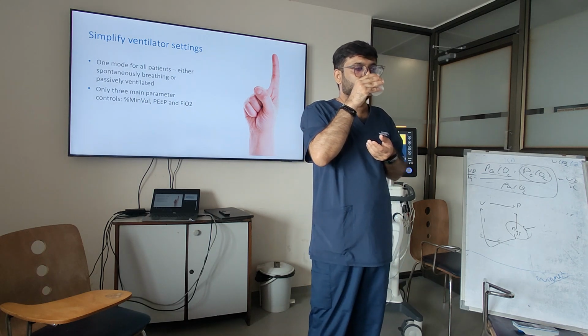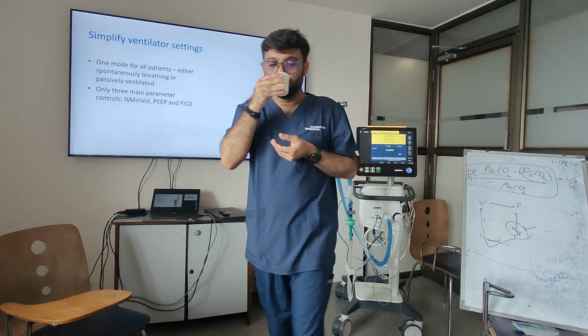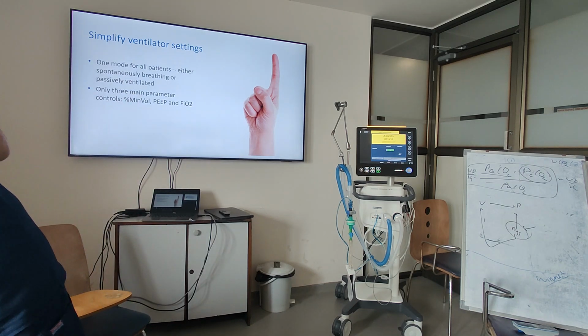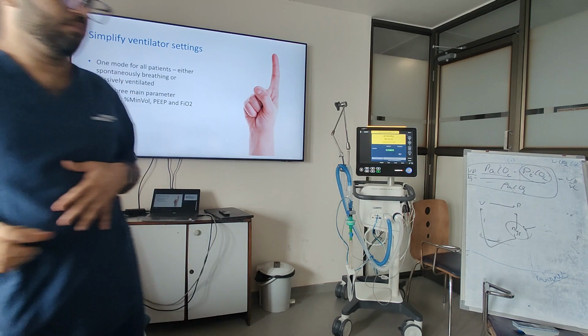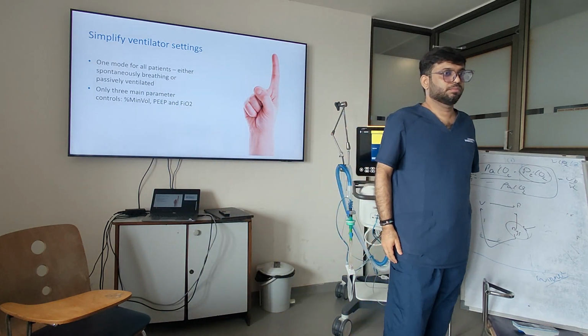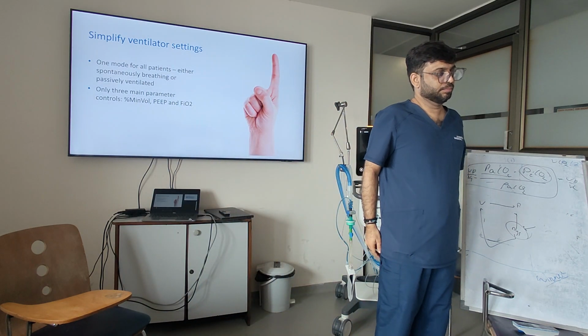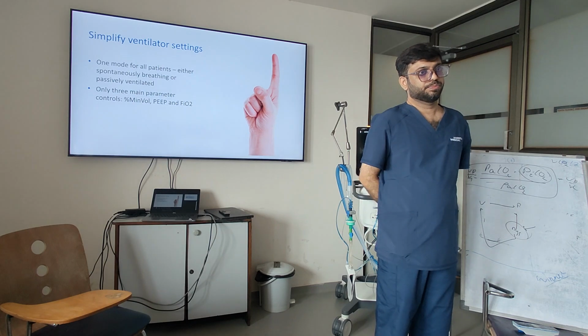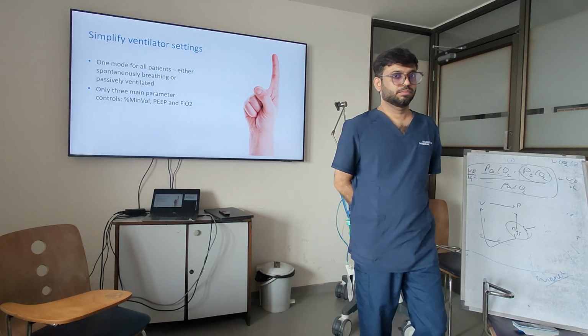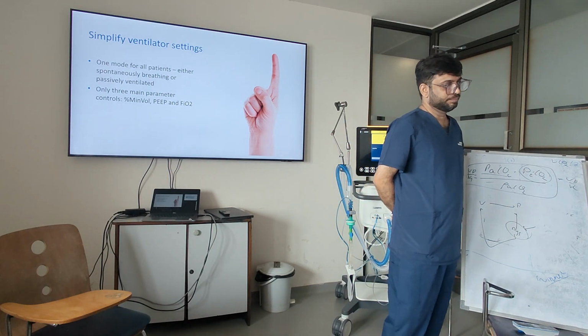Initially the minute ventilation volume of the patient was 100%. Let me explain to you what it does. We did not touch the ventilator. If you notice what we did with the recent case on bed number 7, we did not touch the ventilator. We just set the minute volume percentage.